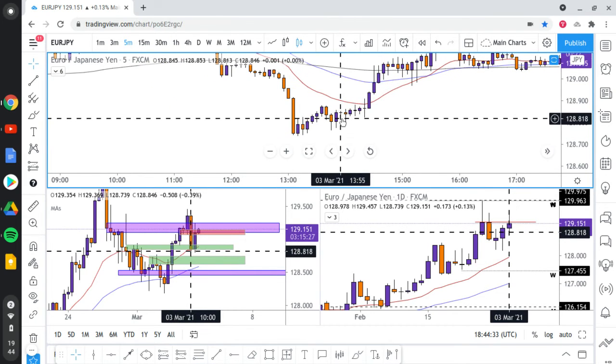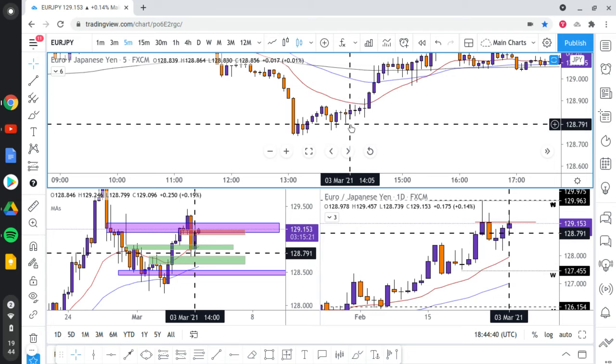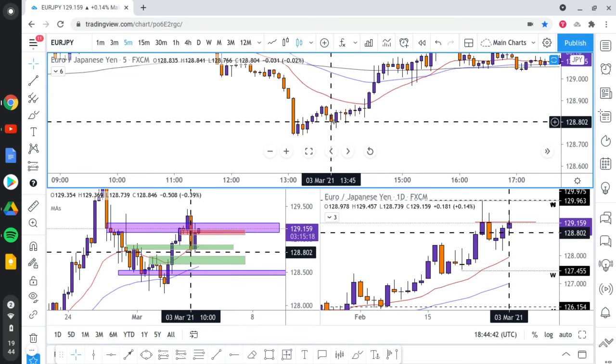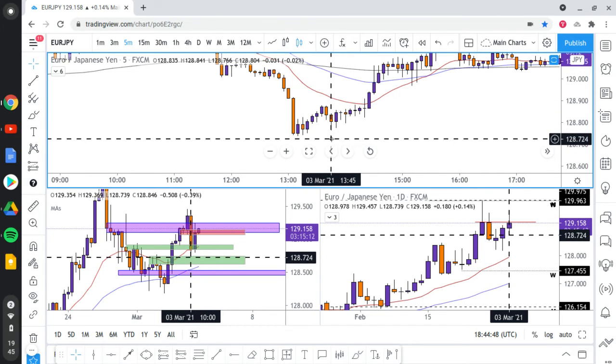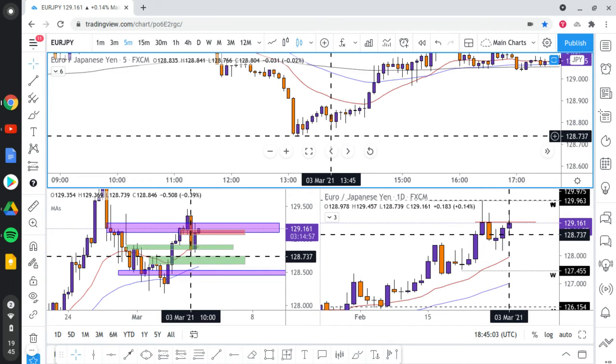So we had this candle here. That was the last 5 minute of the 4 hour at the time. I entered at the lows of that candle, which was also the 5 minute support, which was also the break and retest of the 5 minute, and I put my stop loss below the lows of the day and the 4 hour. So at the time, the lows of the day was 128.739.